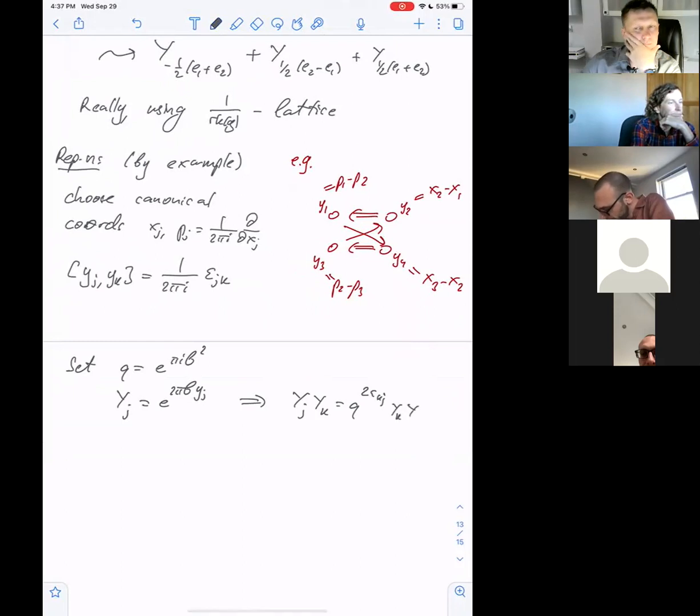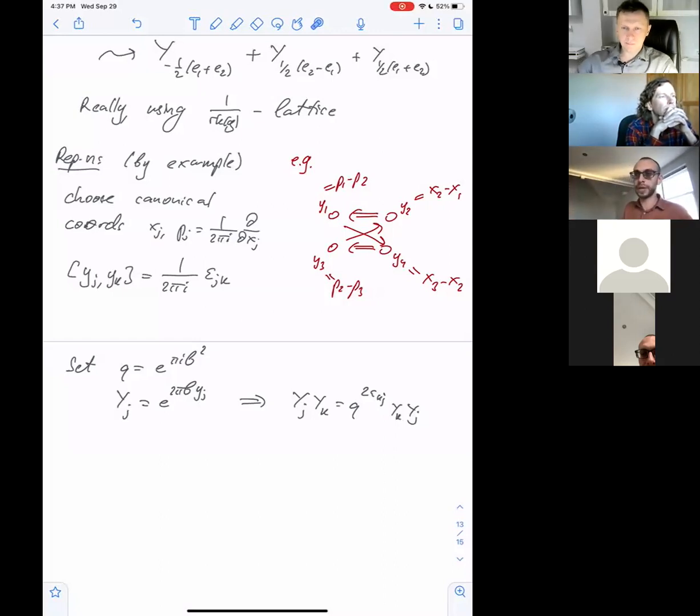So as long as I parameterize the logs of the cluster variables so that they satisfy these conditions, now I can write my cluster variables. What do they become? They become multiplication operators by exponents of sums of xj, and they become shift operators, e to the d over dxj.